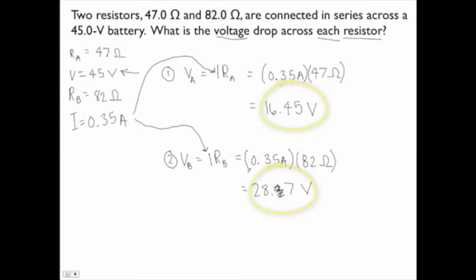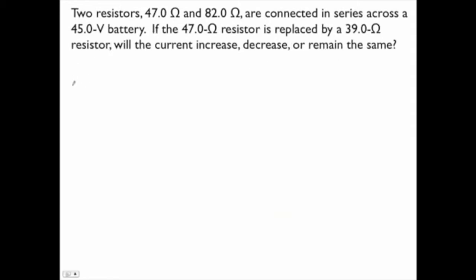And if you want to check your work, you can add these two up, and they should add up to 45. Okay, so that's all you have to do to find the voltage drop across each resistor, is use the individual volts and resistance.